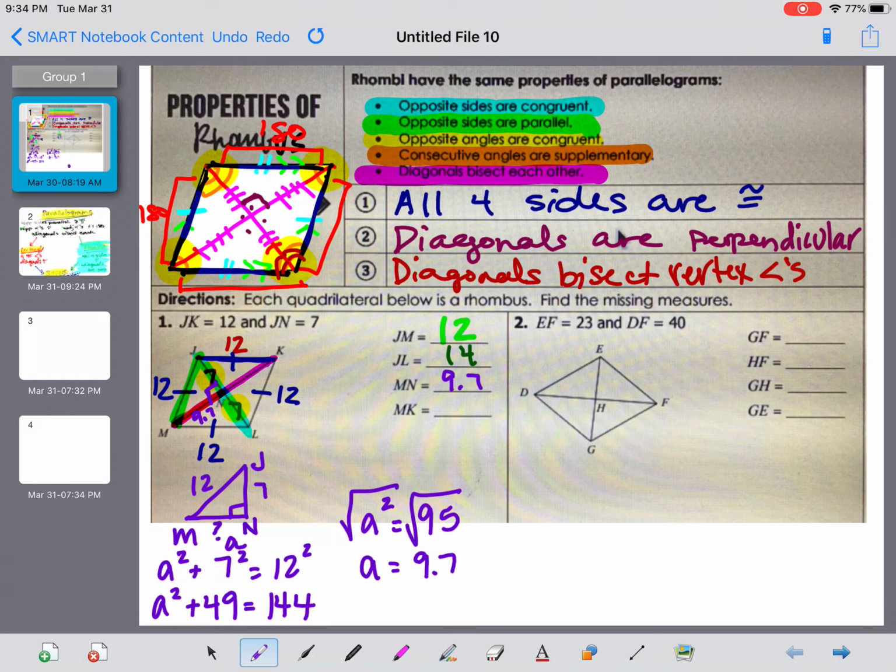Well, we just figured out that this part of the diagonal is 9.7. And that means that this part of the diagonal has to be 9.7 as well. And we know that 9.7 plus 9.7 is 19.4. Do you understand how to do number 1?